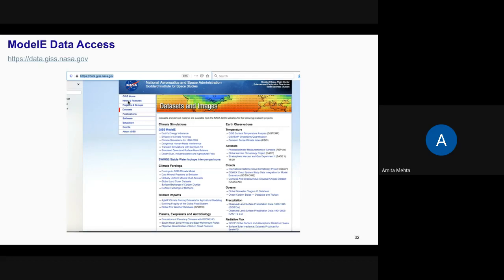Okay, this is the site where you can download Model E data. As you can see, there's temperature, aerosols, clouds, precipitation, radiative fluxes, and there are some impacts data, such as agricultural intercomparison project data available here as well.